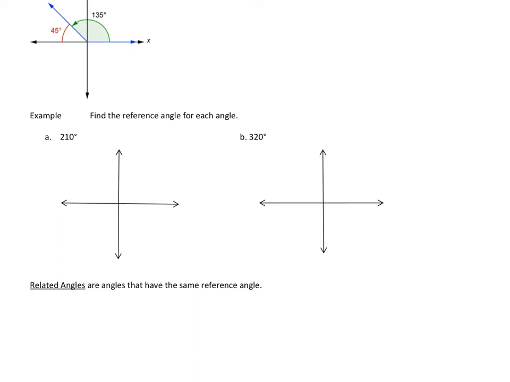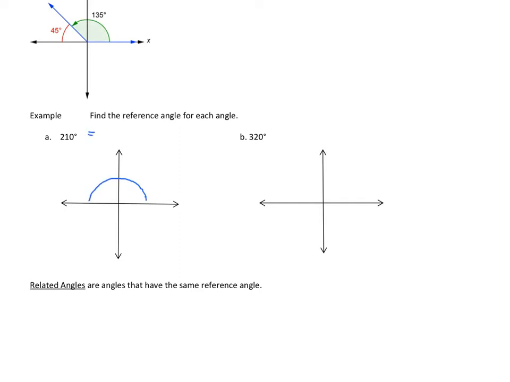Now let's go through a couple of examples of finding the reference angle. So it says find the reference angle for each angle given. So 210 degrees. Let's begin by plotting an angle of 210 degrees on the Cartesian plane. Well, an angle of 180 degrees would take us to the negative x-axis.